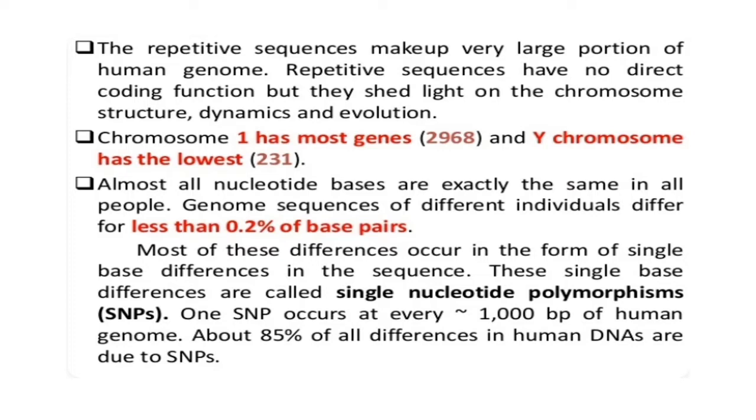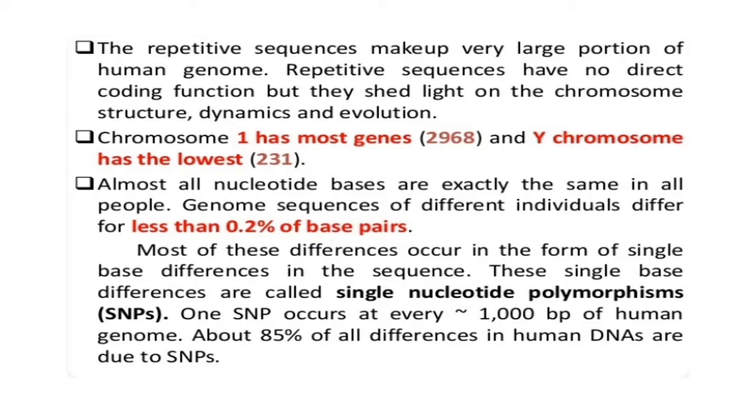Repetitive sequences have no direct coding function, but they shed light on chromosome structure, dynamics, and evolution. Next, chromosome 1 has the most genes, 2,968, and the Y chromosome has the lowest, 231.